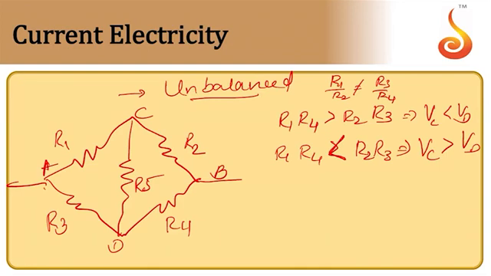A simple rule like Ohm's law doesn't suffice here. We will have to go for Kirchhoff's law to analyze such circuits. But if it is balanced, notice that the current through R5 is 0 and the presence or absence of R5 makes no difference as far as the circuit is concerned.